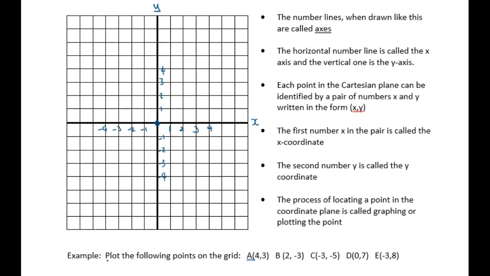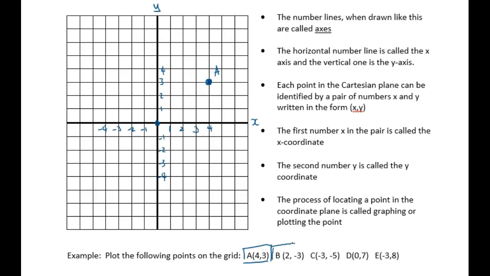The first one says plot the following points. A is (4, 3). Remember, the x coordinate comes first and the y coordinate comes second. So positive 4 is over here, and then y is equal to 3, so up to 3. This right here at (4, 3) is our A value.